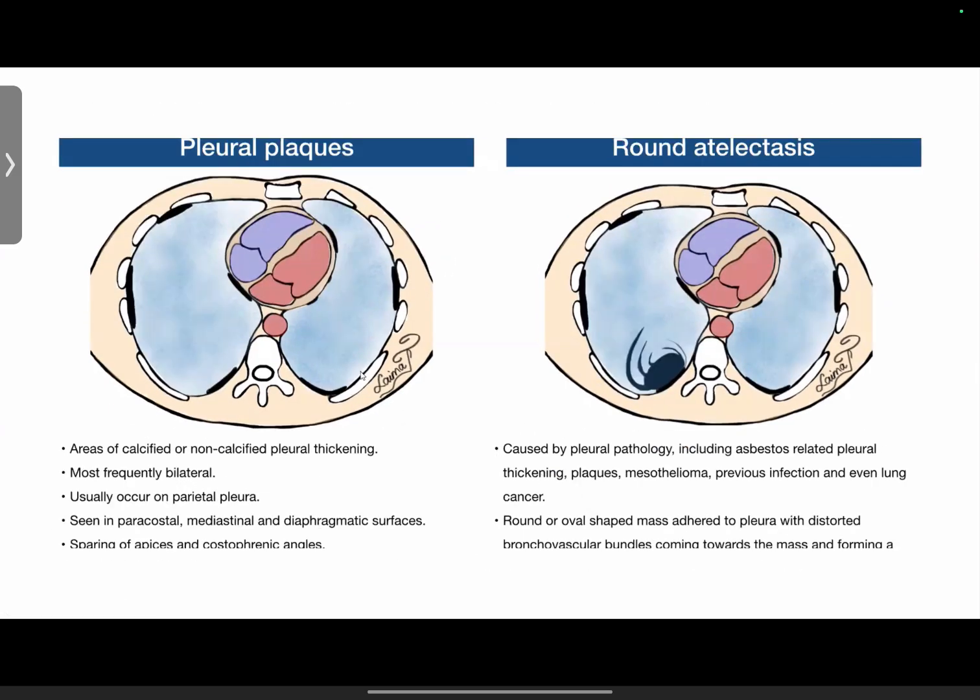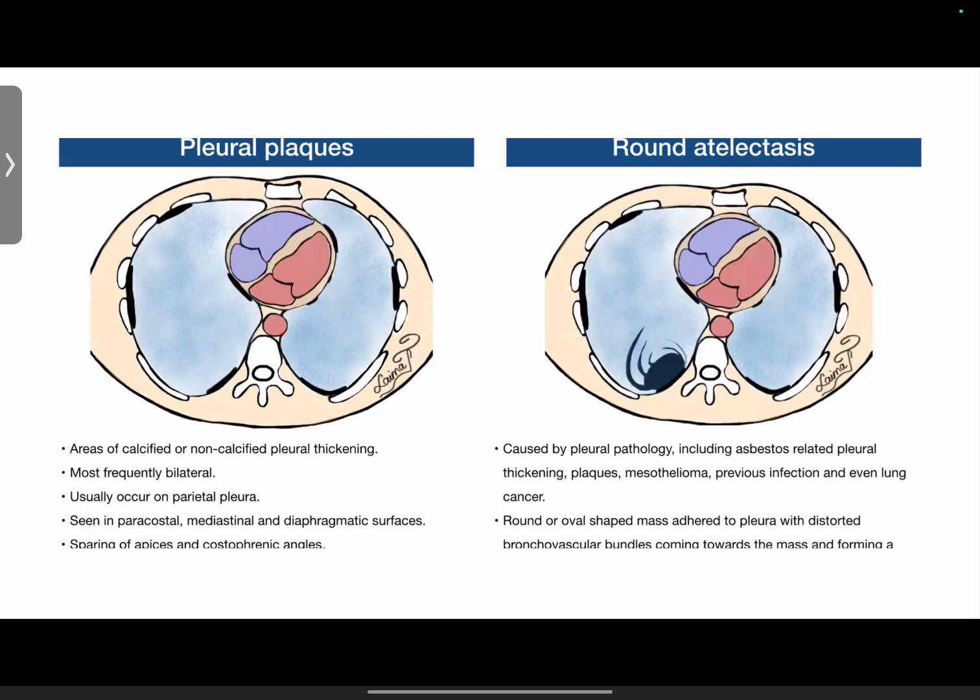So here we have the pleural plaques. Again, they're scattered bilaterally. These can be calcified or non-calcified, depending on the age of the plaques. They're most frequently bilateral and usually occur in the parietal pleura. They're seen throughout the lungs, including pericostal, mediastinal, diaphragmatic, etc. And there may be some sparing of the apices.